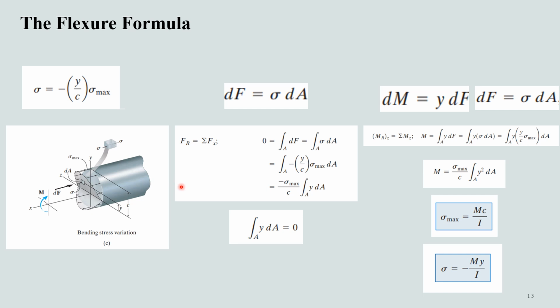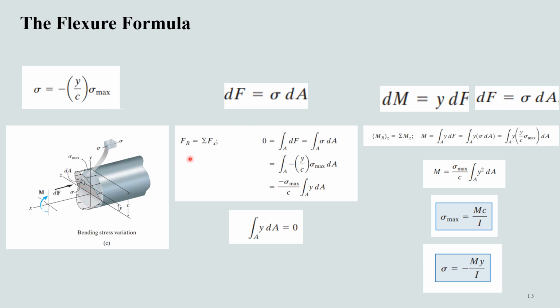We can locate the position of the neutral axis on the cross section by satisfying the condition that the resultant force produced by the stress distribution over the cross-sectional area must be equal to 0. Noting that the differential force dF is equal to stress times differential area, this acts on the arbitrary element of area dA.